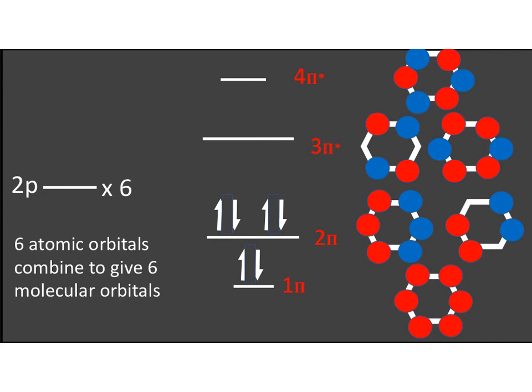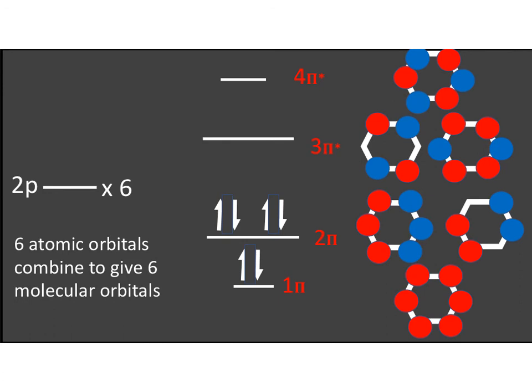We have two 2 pi's, which are again bonding, and two 3 pi's, which are antibonding, and one 4 pi, which again is antibonding. Out of 6 electrons, you can see that they fill nicely up just our bonding orbitals and no electrons in antibonding orbitals, which is why benzene is particularly stable.